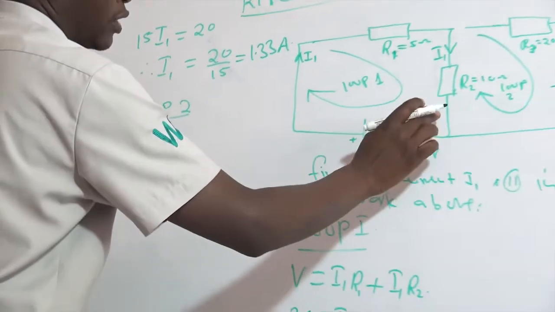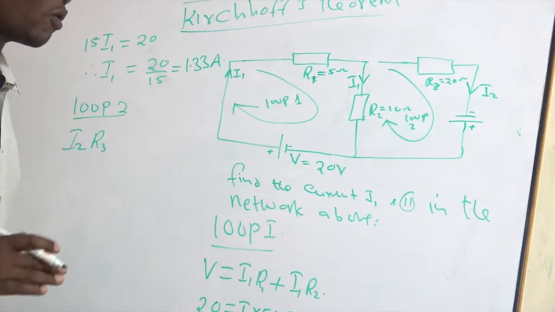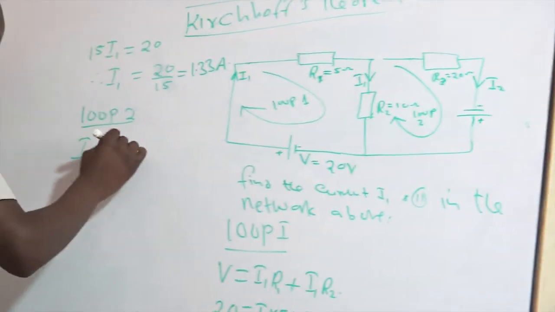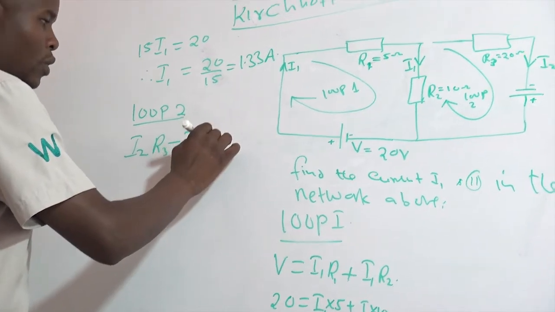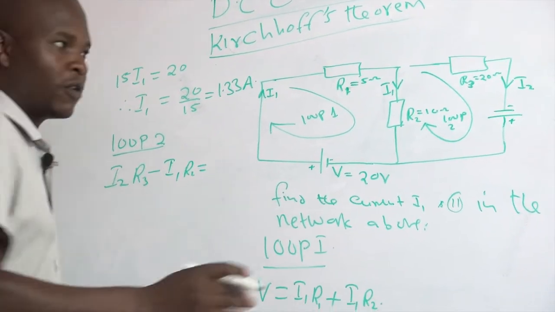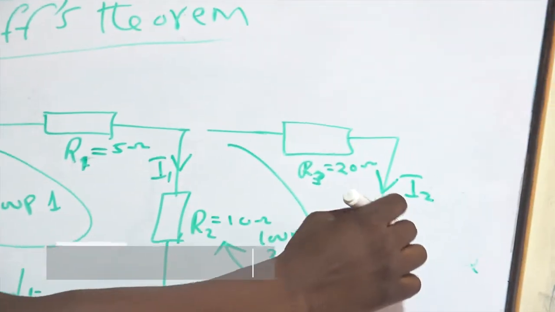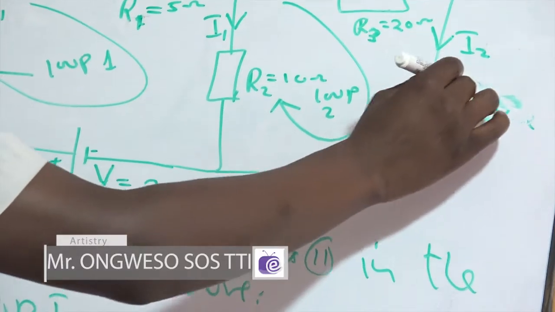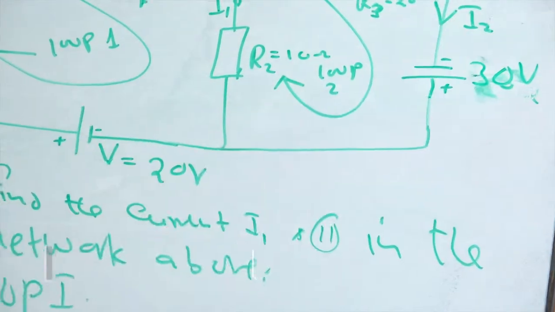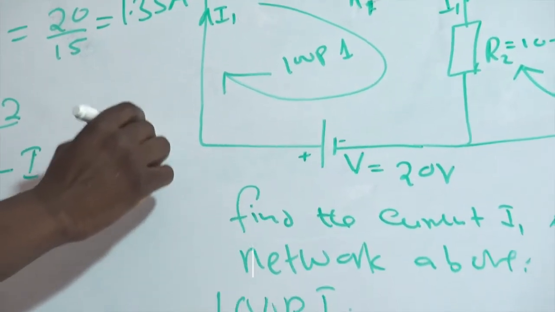We come through the source, but now we are going against the flow of I1, so we have minus I1 R2. The source of EMF on this side, let's take a different value, 30 volts. So it equals 30 volts.